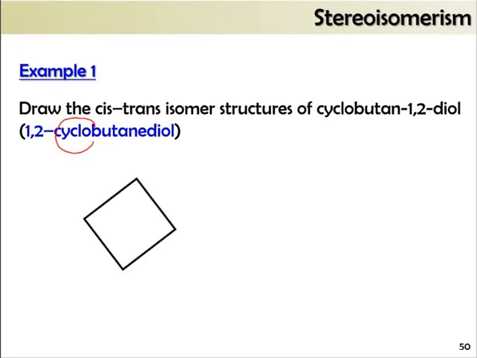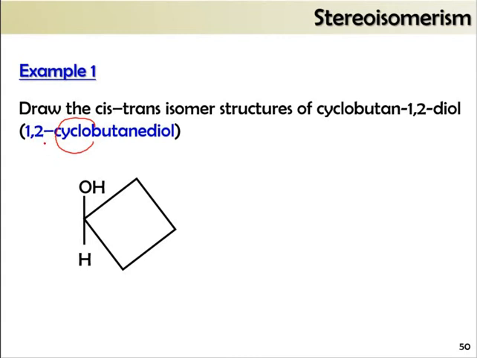And then we have diol. Diol means OH group, at carbon number 1 and carbon number 2. That means they are side by side. The carbons that have OH are next to each other. So we can put it like that. And then the other one, we can put on the carbon above here, or we can choose below. Okay, we cannot skip one carbon because of the name here, 1,2.